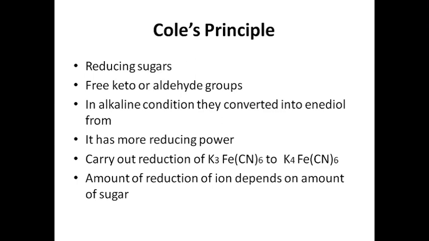Glucose is oxidized to form a complex mixture of acids like lactic acid, formic acid, succinic acid, and so on. Methylene blue is used here as an indicator. It is reduced after complete conversion of K3FeCN6 into K4FeCN6 by the enediol form of sugar.